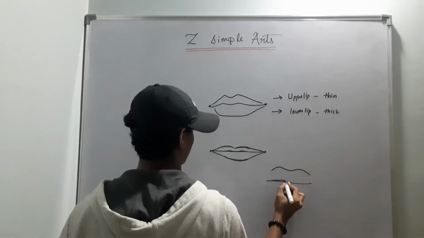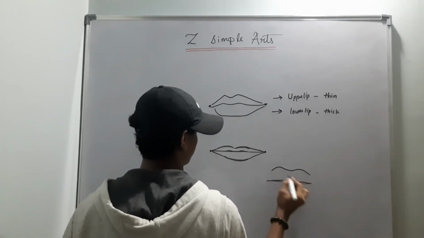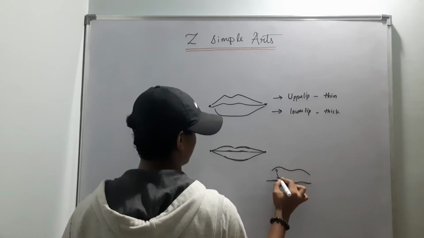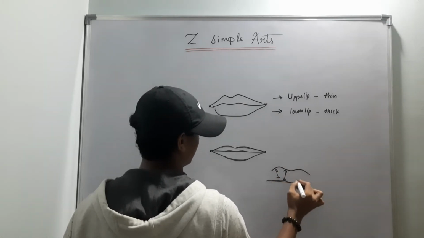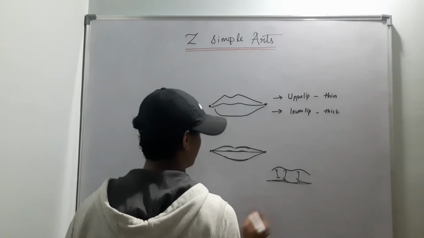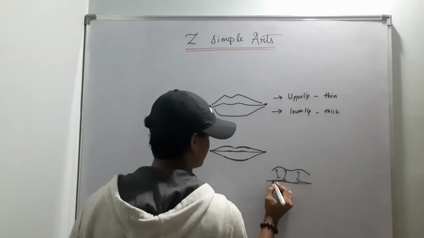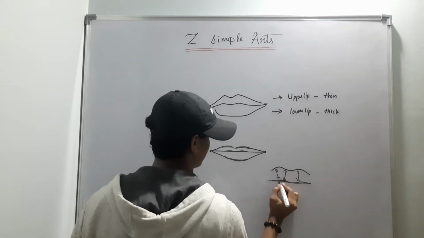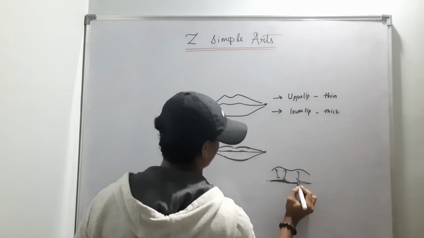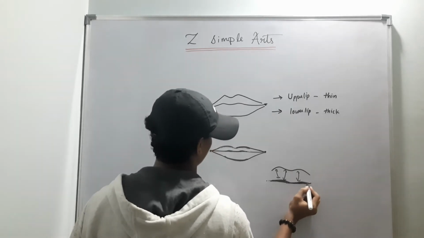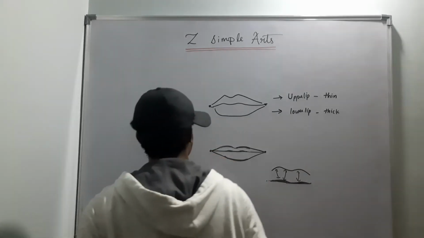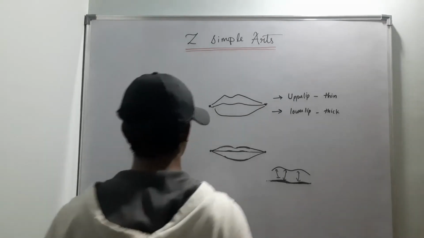Draw a parallel line to the upper margin of the upper lip and just trace it. Once you draw the parallel line, just fill it, shade it. Let the imaginary line which you have drawn initially be as such.